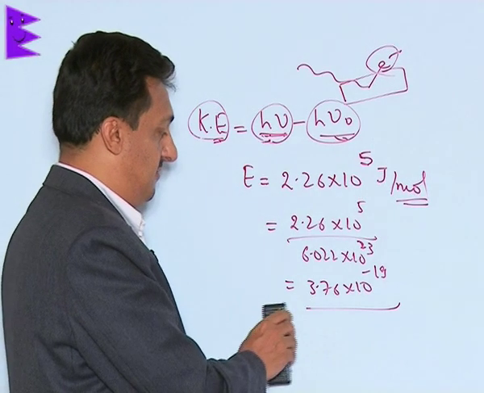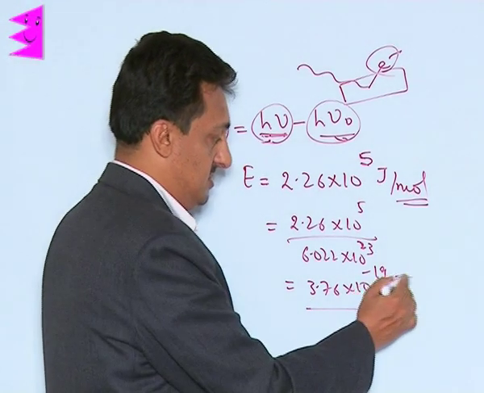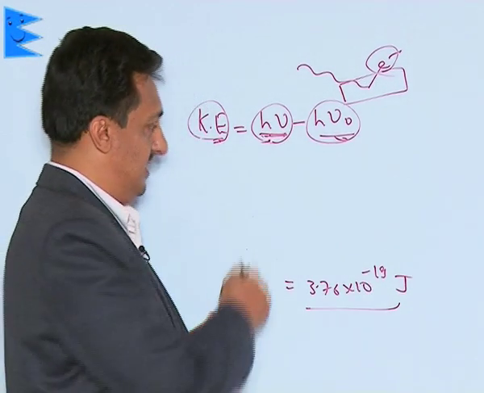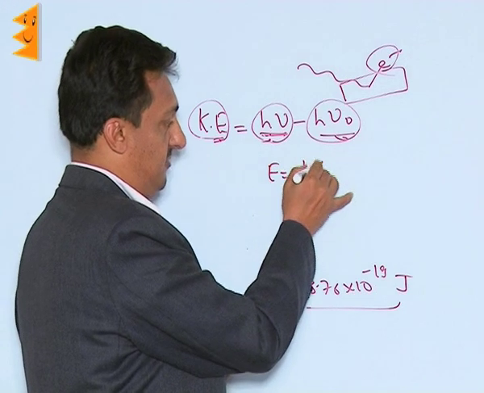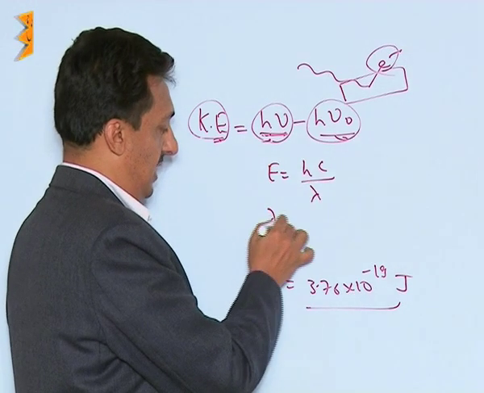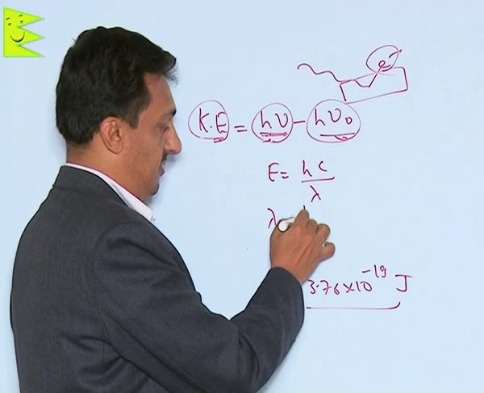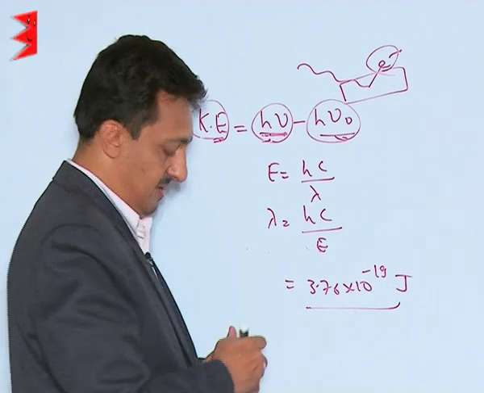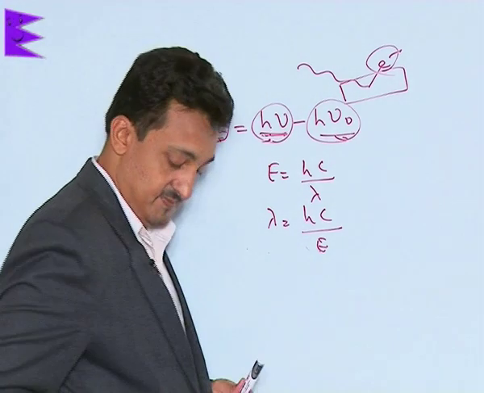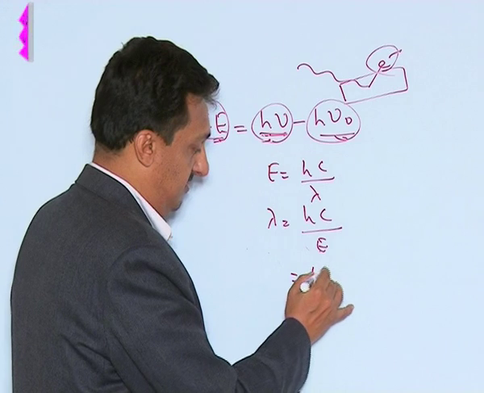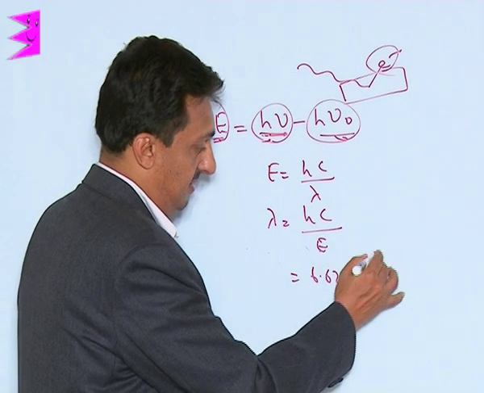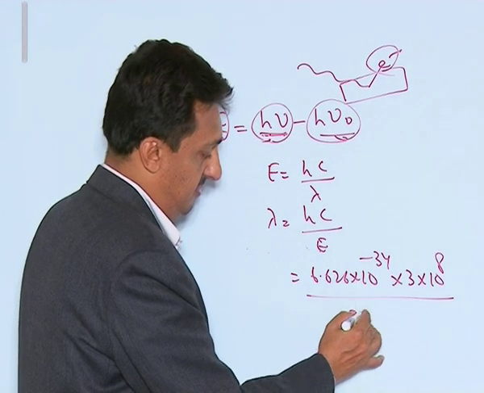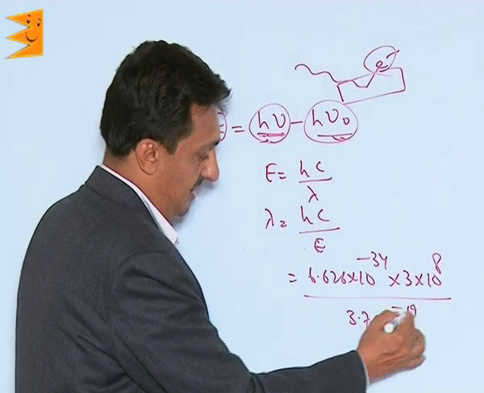Now once we know this value, which is in joules, let us find the wavelength associated with it. The energy is equal to hc over lambda, so lambda will be equal to hc over E, where E is the energy, which is this one. Let us put the values here. Your h is 6.626 into 10 to the power minus 34, the speed of light is 3 into 10 to the power 8, and this is 3.76 into 10 to the power minus 19 joules.